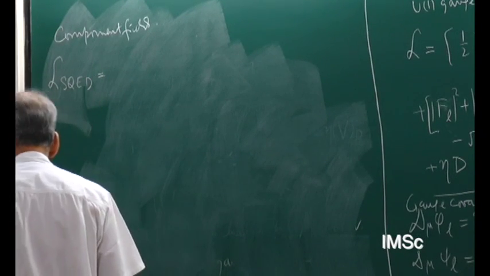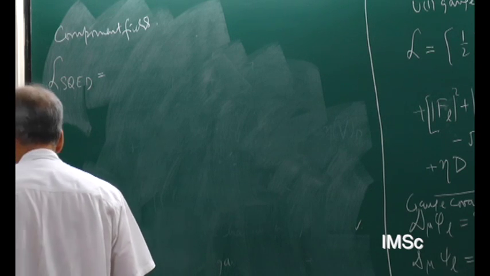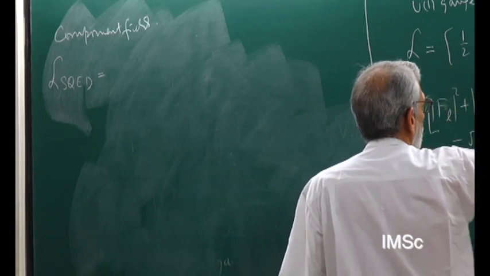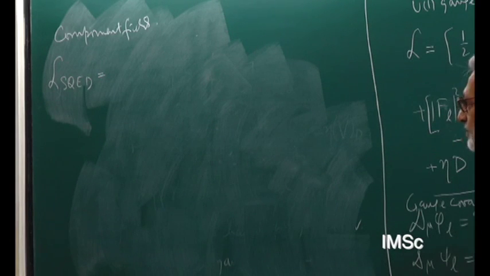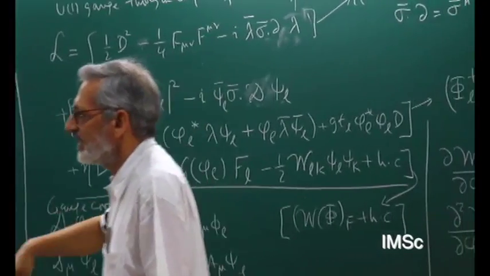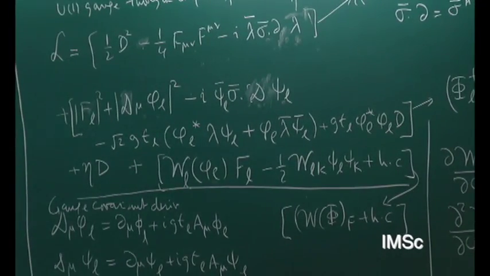From the first piece, we can write it in the long hand like this. So we'll have a piece like that. But we could eliminate all the auxiliary fields, and I write the answer after eliminating all the auxiliary fields.